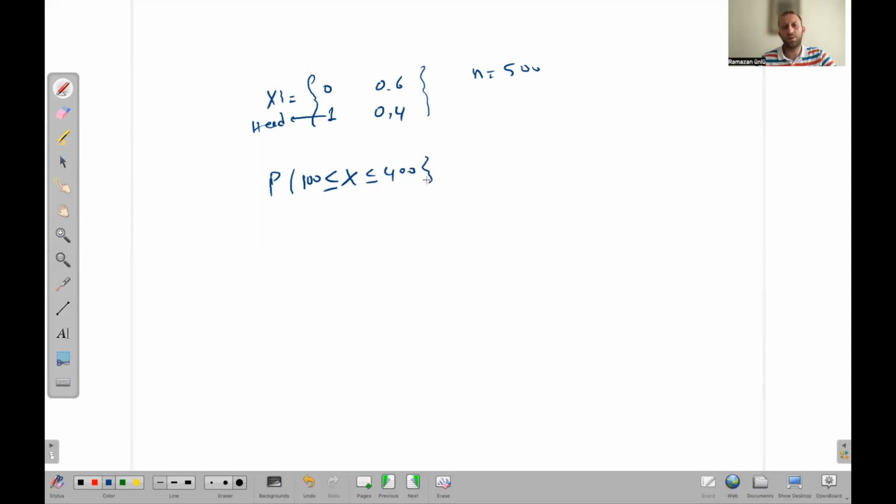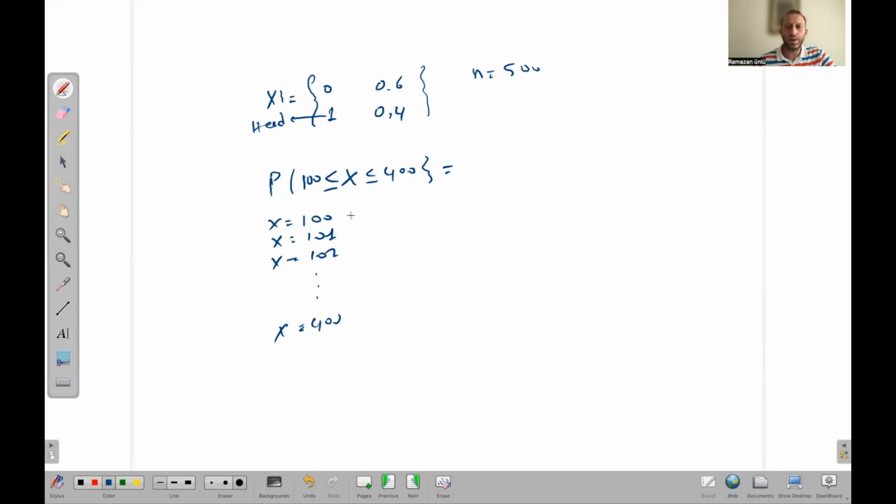So how can we calculate this one? First, x can take the values 100, 101, 102 until 400.